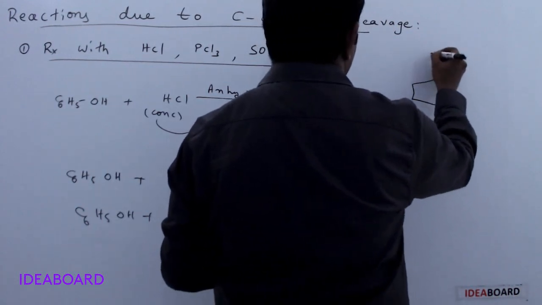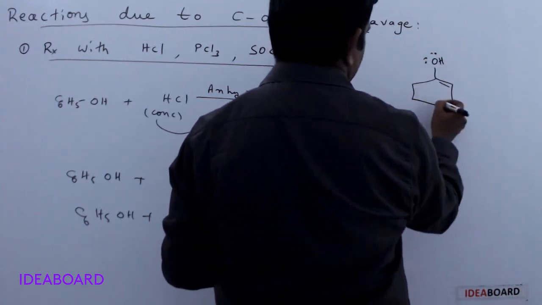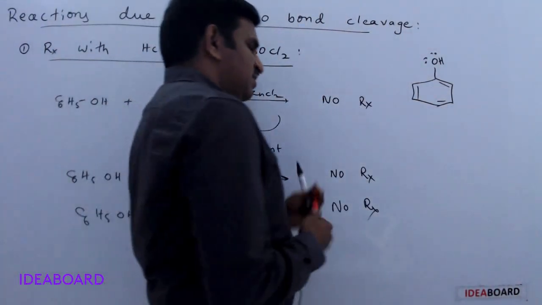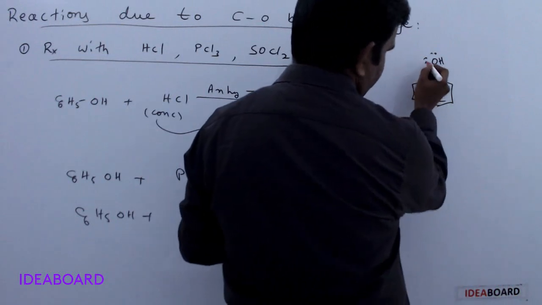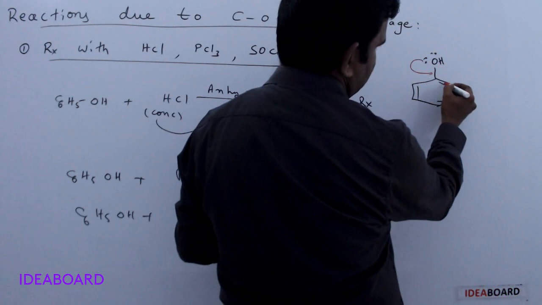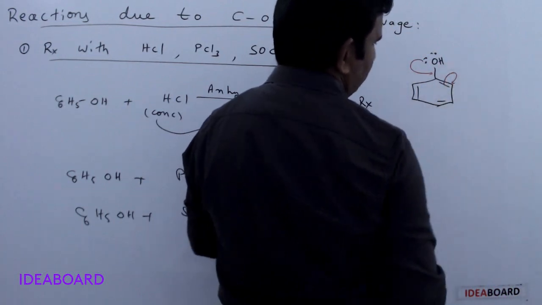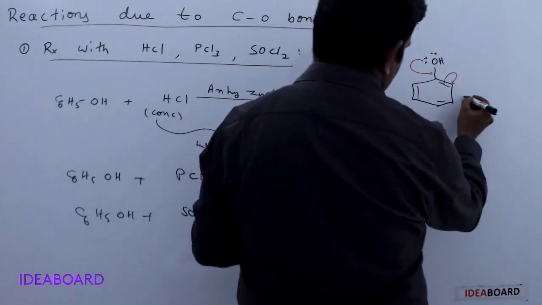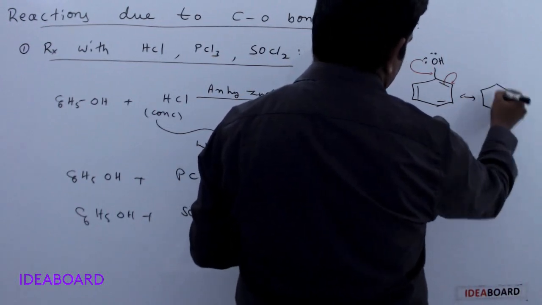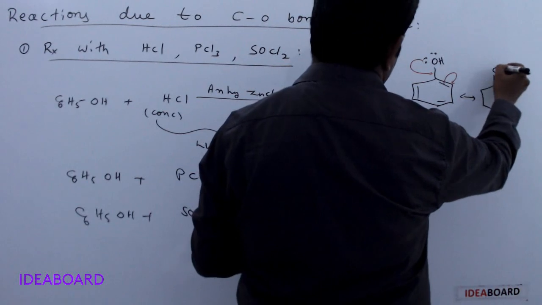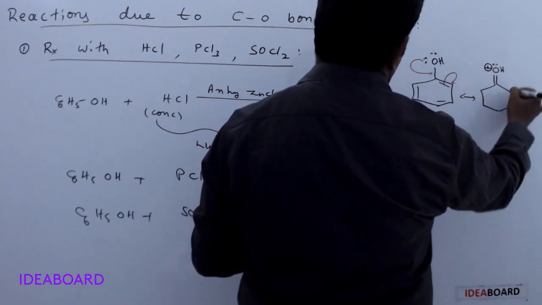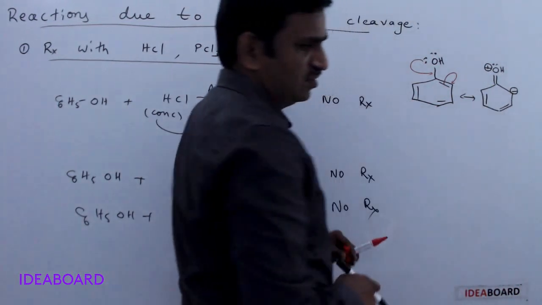Oxygen with its two lone pairs is in conjugation with the pi bonds, so the pair of electrons shifts and we get a resonance structure in which a partial double bond is present, with a positive charge on oxygen and a negative charge on the ring.